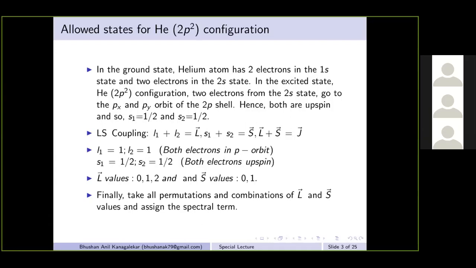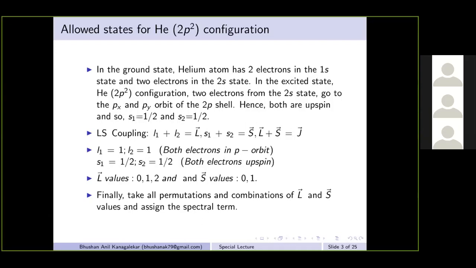The second electron spin S2 is equal to half. And since both the electrons are in the p orbit, L1 and L2 are equal to 1. So L1 is 1, L2 is 1, S1 is half, S2 is half, both upspin.